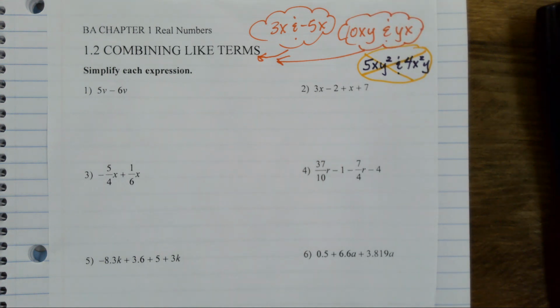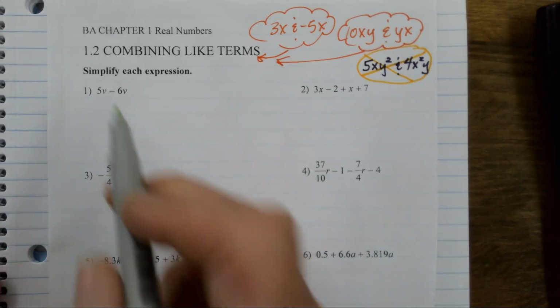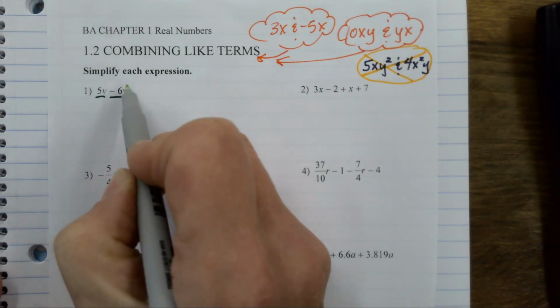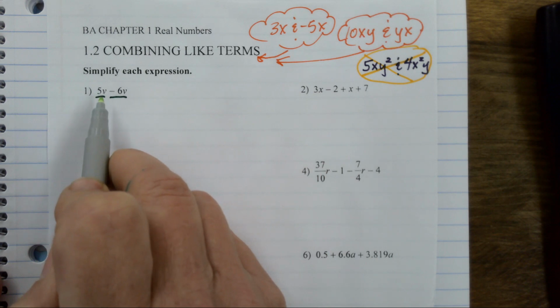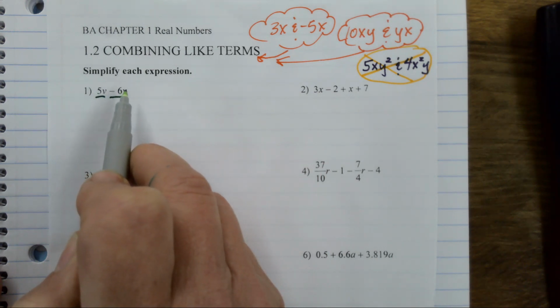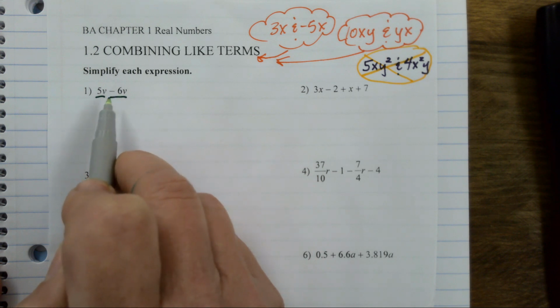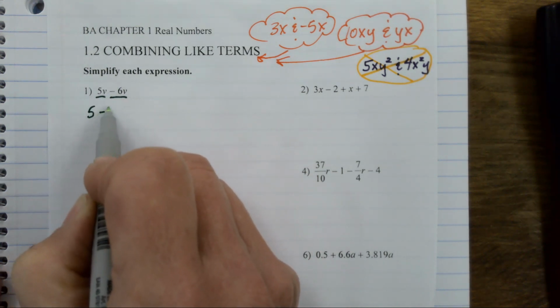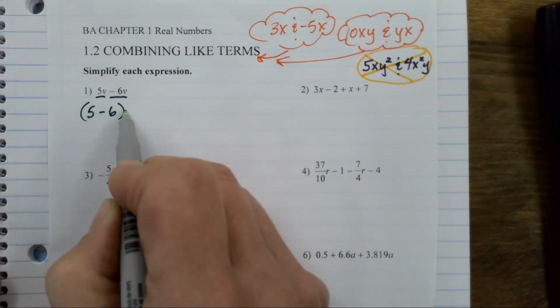Okay, so when we combine like terms, like I said, what we do is we look for the number. And this gets confusing to some people. The operation in front of the number is what is attached to it. So the minus here goes to the 6. This is like 5 minus 6 v.